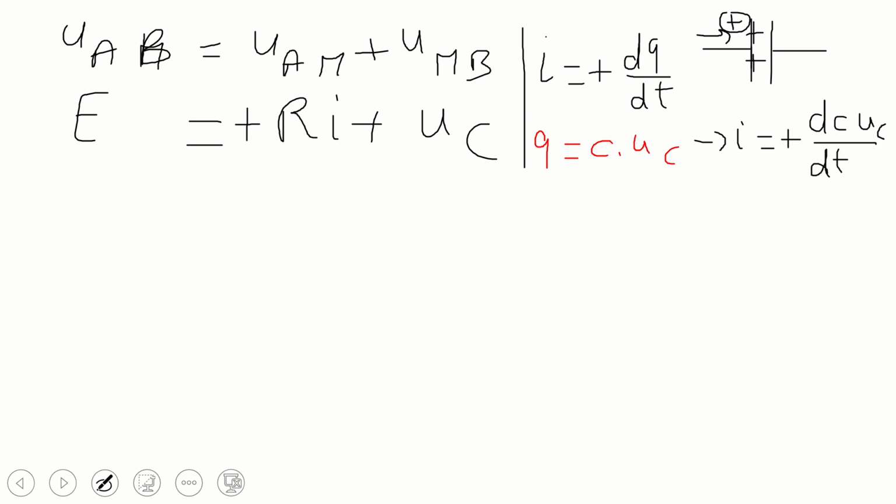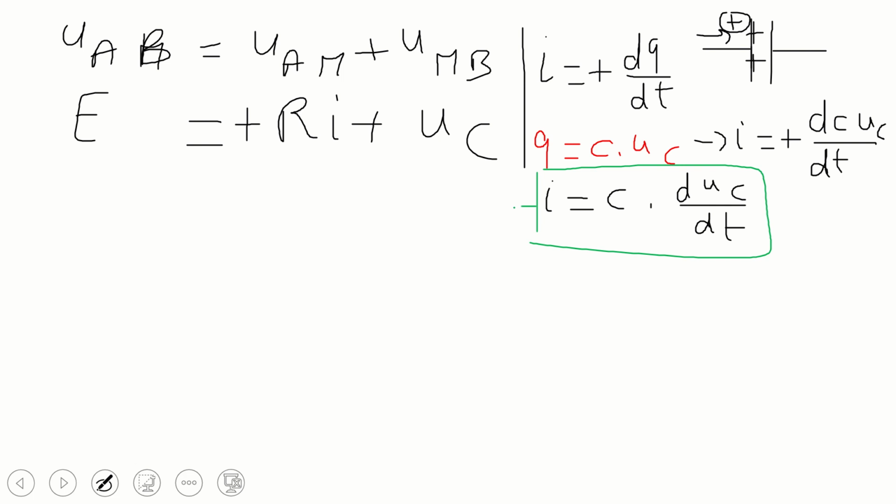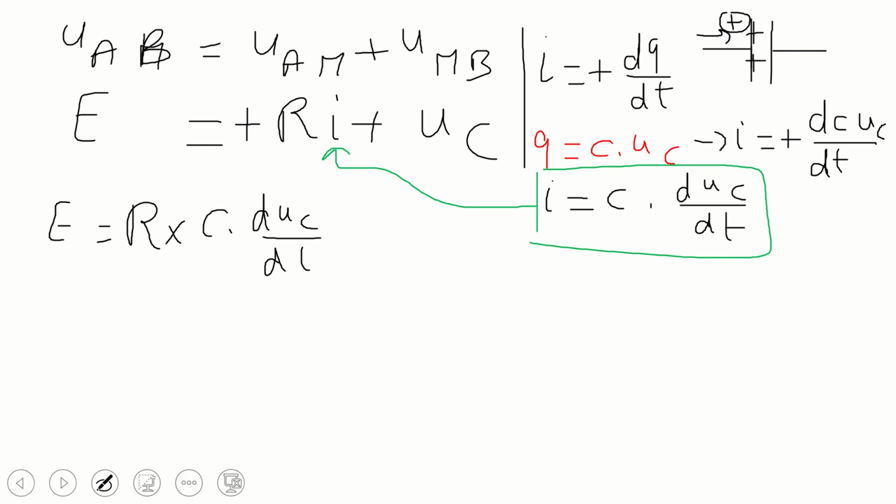As C is a constant, it can be considered outside the derivative. So I equals C times derivative of UC as function of time. Now we substitute the expression of I in the differential equation. What do we obtain? We obtain E equals R times C derivative of UC as function of time plus UC.